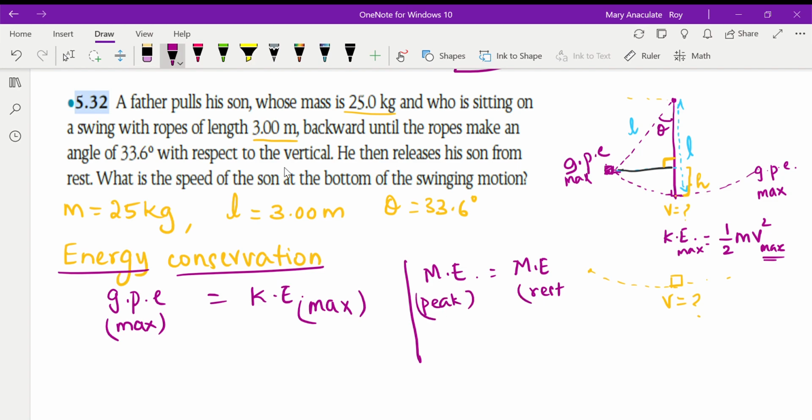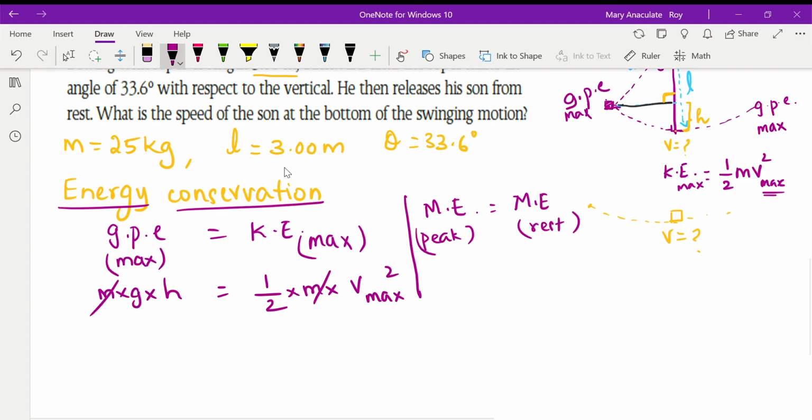So both of these concepts can be applied. What will be the formula here? Mass times gravity times height equals half times mass times v max square. So mass gets cancelled. If you rearrange this, we get v max equals square root of 2gh.